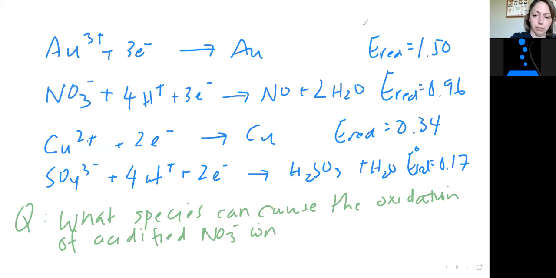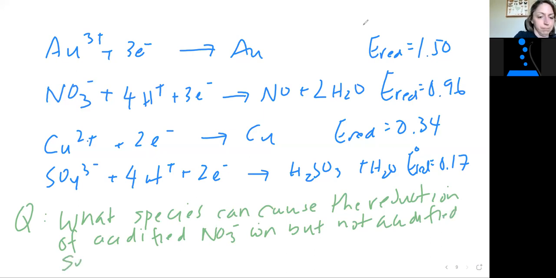Hold on one second. Reduction. The reduction of acidified nitrate ions, but not acidified sulfate ions. Sorry, it took me a minute to write all this out. So which species can cause the reduction of acidified nitrate ions, but cannot cause, and I'm going to switch this one more time.